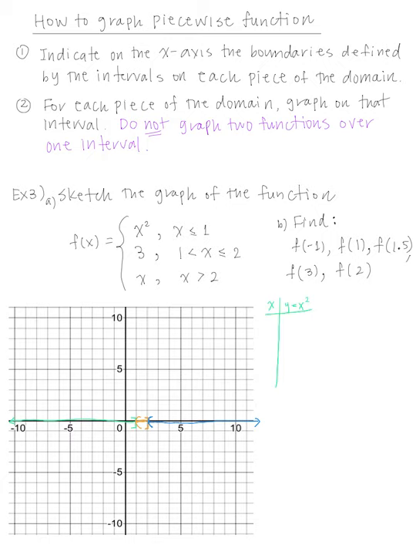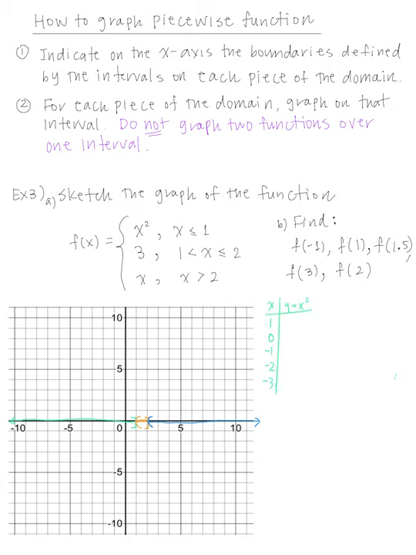From negative infinity all the way up to when x is, where is that? X is 1. So I'm just going to go with when x is 1, and then I'm going to go x is 0, negative 1, negative 2, and negative 3, and so forth.